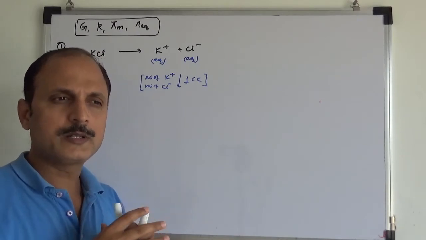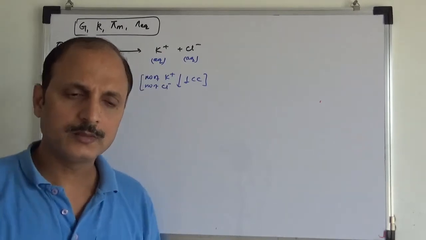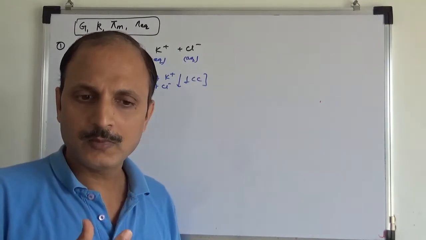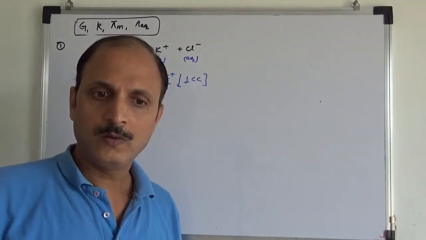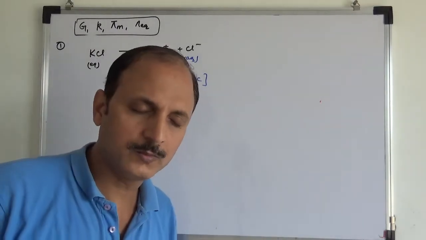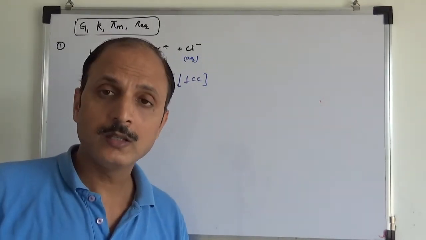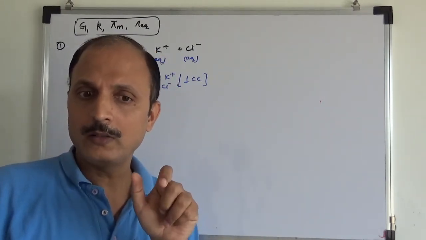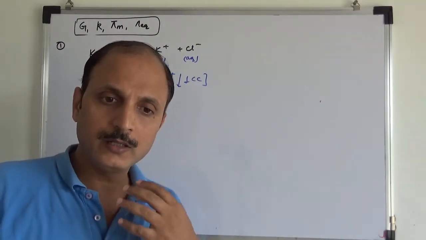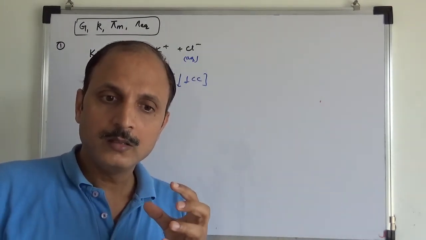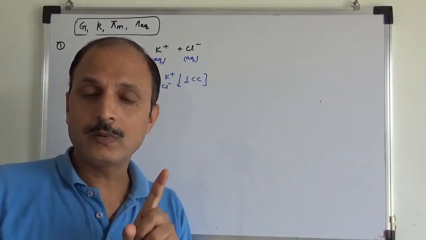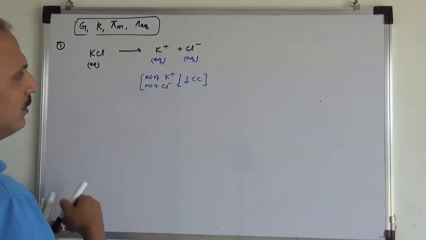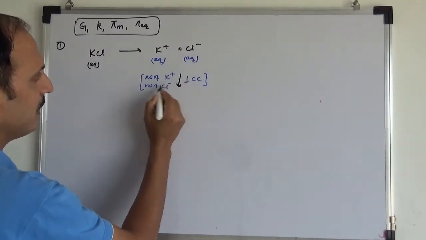So the number of K+ and Cl- in 1 ml decreases. For specific conductivity, 1 ml is very much necessary, because 1 ml is the volume in which we calculate the number of ions. As you have diluted the solution, the total number of ions will remain the same, but in 1 ml the number of ions will decrease.